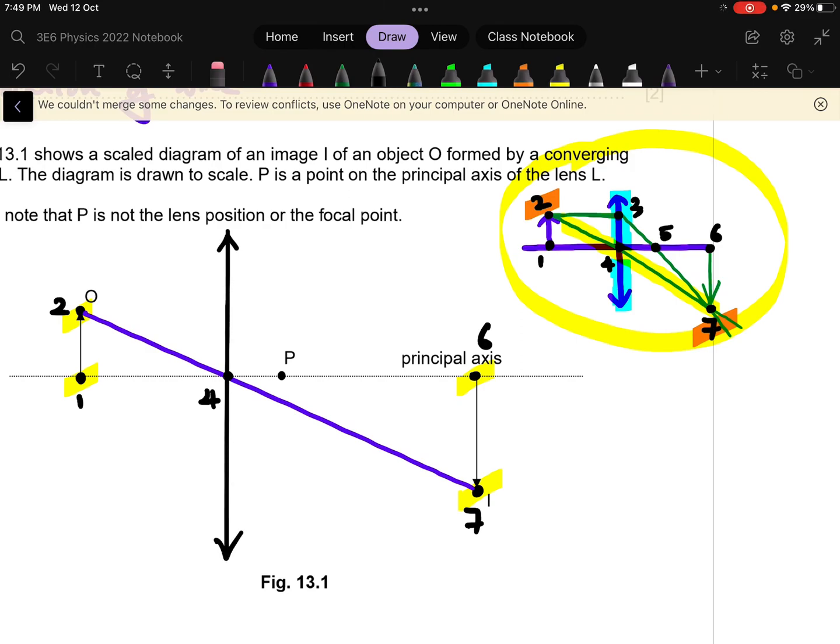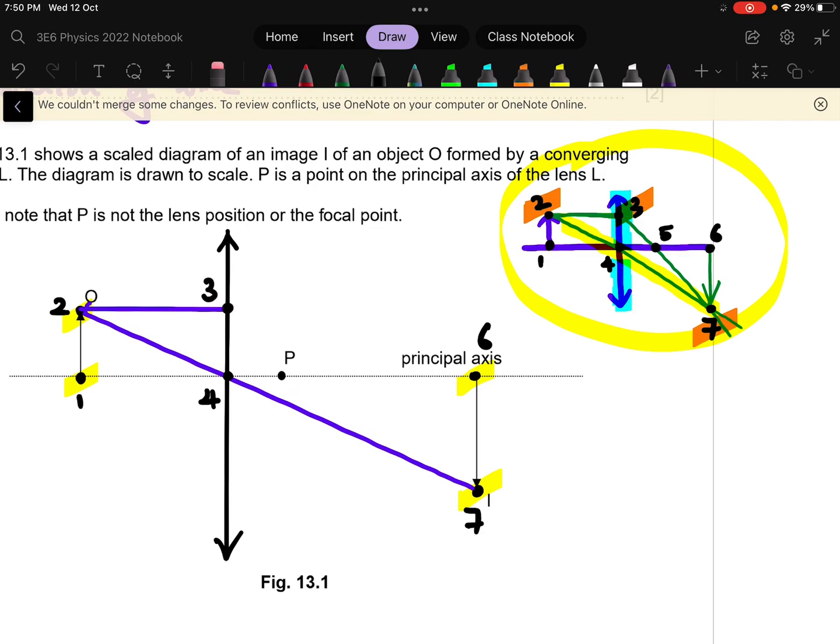This is my lens. After I draw my lens, what else can I expose? I see that I can draw point number 3 to point number 2, because point number 3 and point number 2 should form a horizontal line. So I draw a horizontal line from point 2 towards my lens, and I will be able to form point number 3.